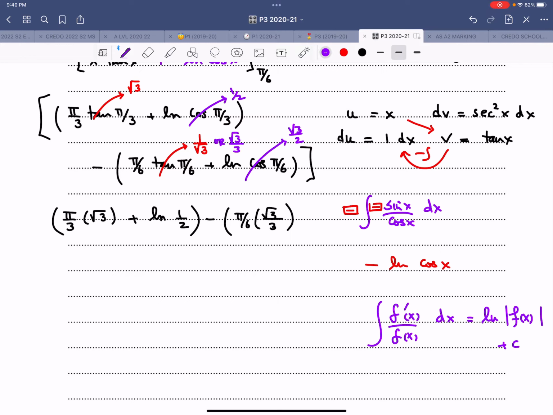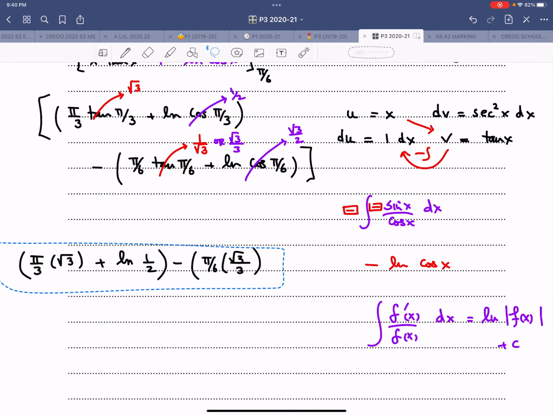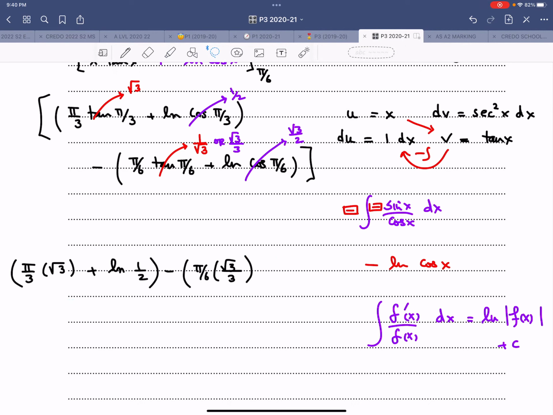I'm using this form. And let me push it to the side. And then we have one bracket, so let me make it a bit smaller, like this, minus ln of root 3 over 2.